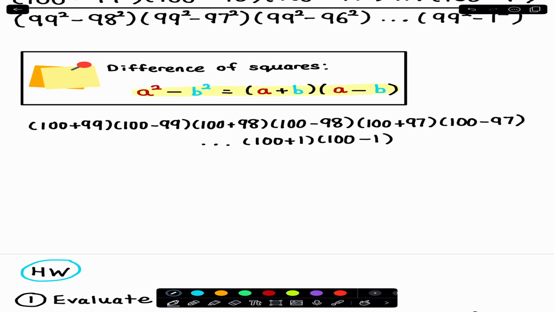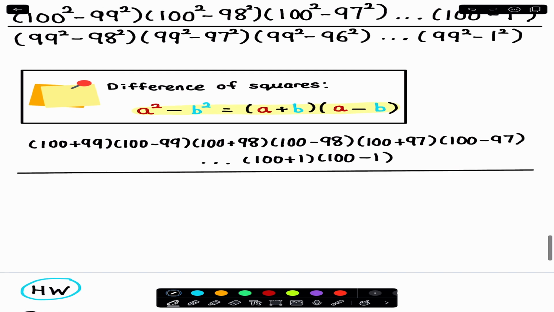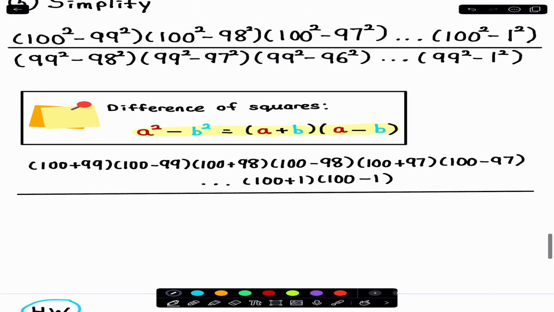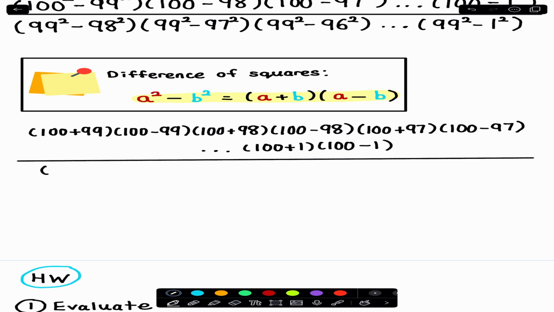Now I know this looks a little confusing, because we have to divide all of that. This looks really weird, I know. I'm sorry, it's just so cramped. Anyways, 99 squared minus 98 squared. Let's rewrite that into the difference of squares form. So that's 99 plus 98 times 99 minus 98.